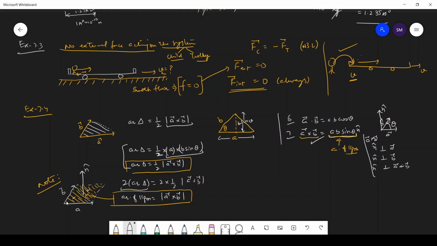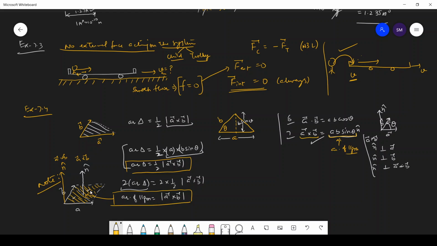You can draw this direction here, or you can also draw it here. Whose direction is it? It's the direction of A cross B, perpendicular to the plane containing vectors A and B. So what is A cross B?